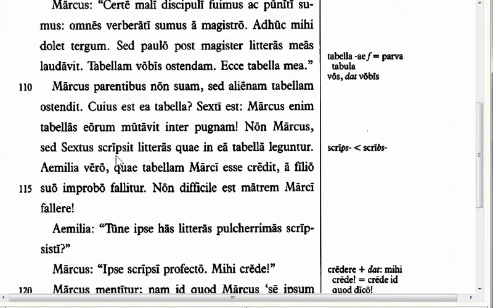So here we have another perfect, scripsit, third person singular, from the verb scribere, so it's a third conjugation. Remember the four conjugations, a, e, i verbs. It's an e verb, scribere.